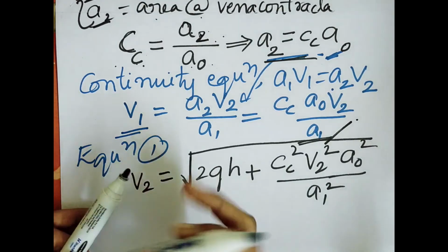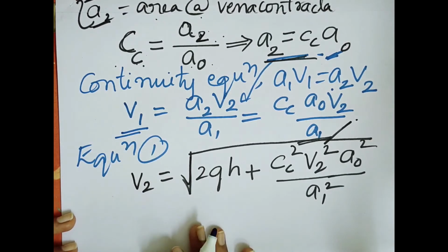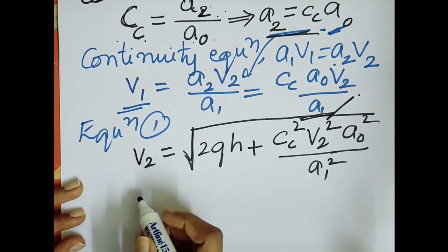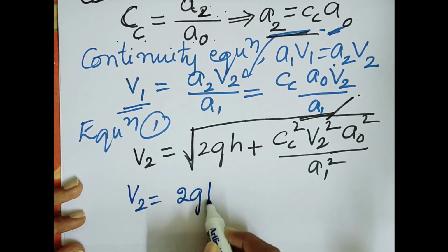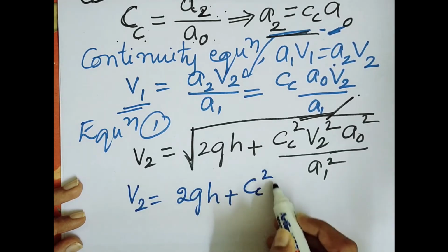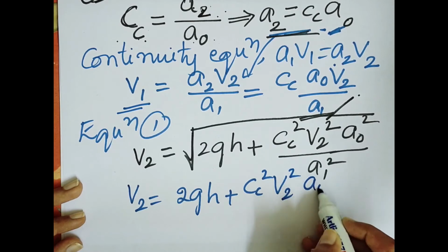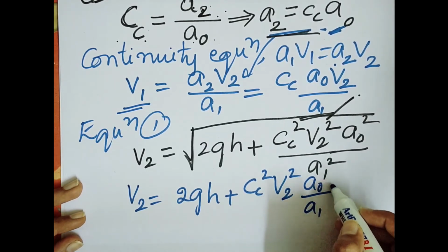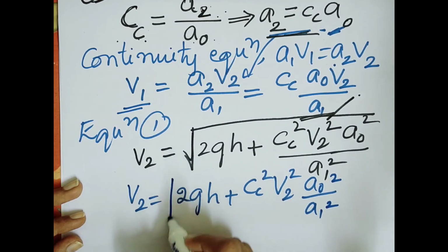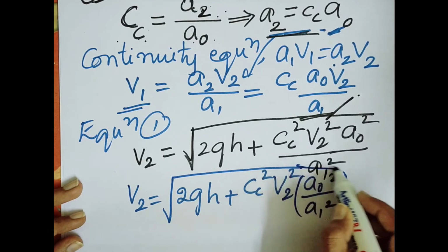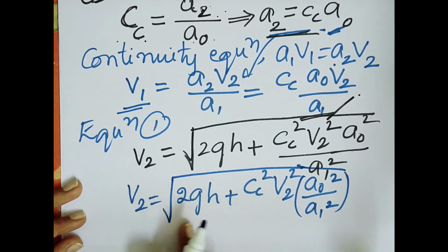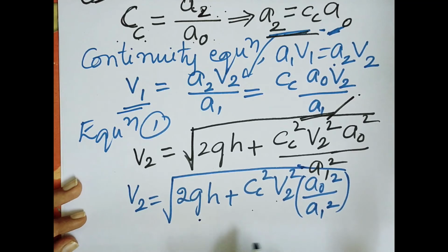Here we'll take A0, A1 common. So we can rewrite the equation as V2 is equal to square root of 2gh plus Cc square into V2 square into A0 square by A1 square.